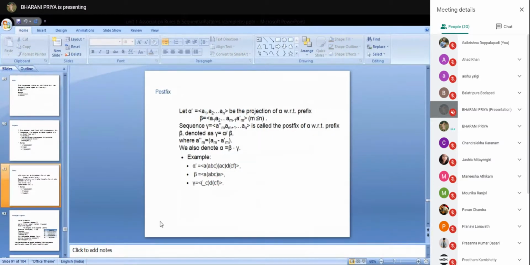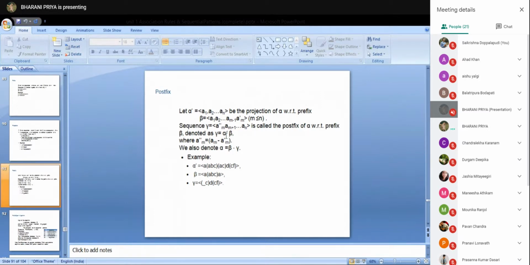Postfix. You know prefix. So again, let alpha dash be a projection with respect to prefix beta. The sequence gamma is called the postfix with respect to prefix beta and is represented as alpha divided by beta, where alpha double dash is equal to alpha minus alpha dash.